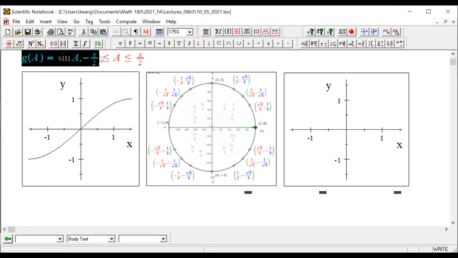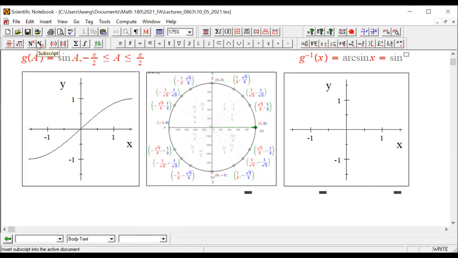So this is the G, and we're about to create a G inverse from the graph. And meanwhile, we're going to work on the notation, how to write it down properly.